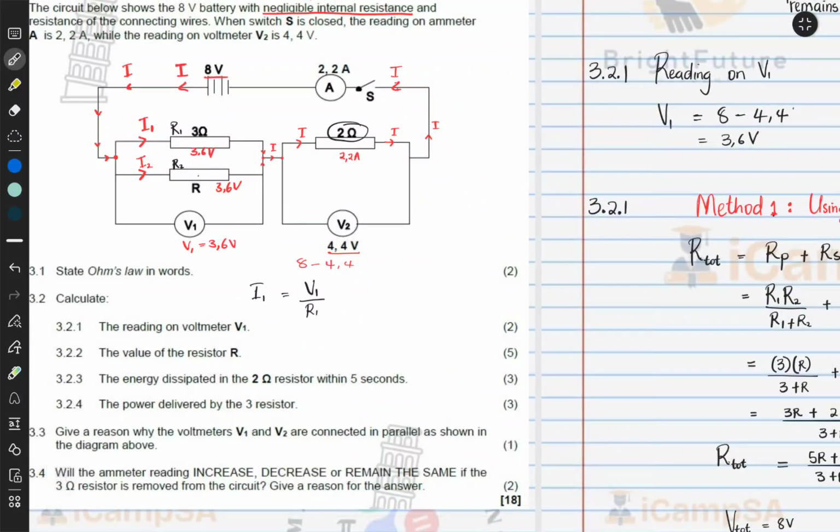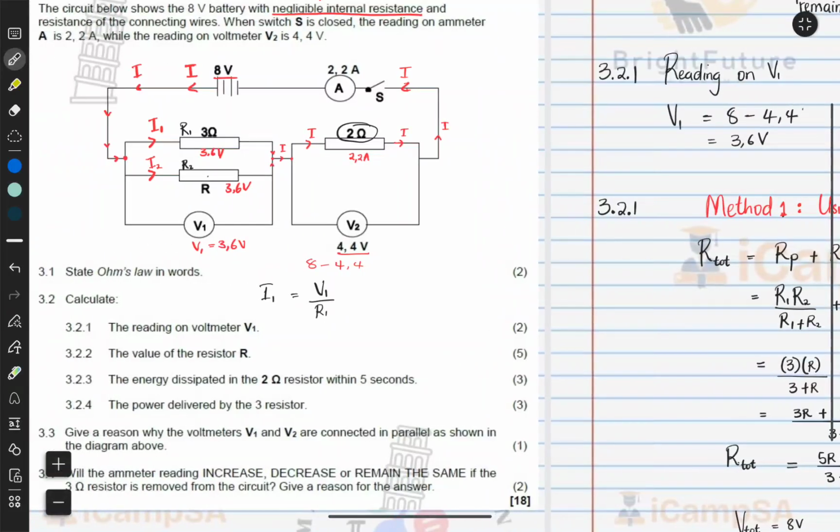When you want to calculate energy in joules, you use time in seconds. So if the time was given in minutes, hours, or days, whatever, you would have to convert it to seconds and then calculate the energy. But in this case, it's already given in seconds, so we can just find energy.